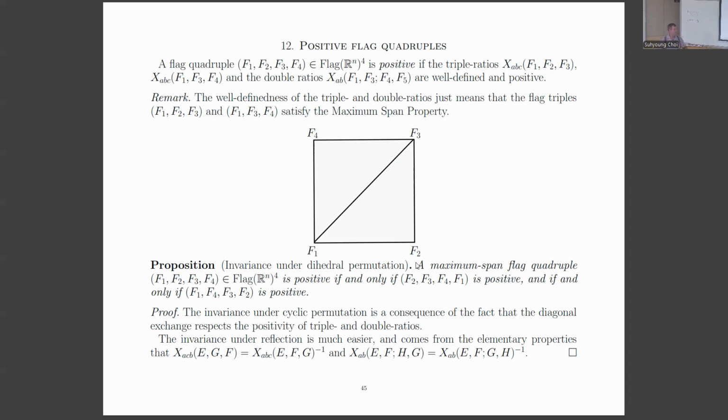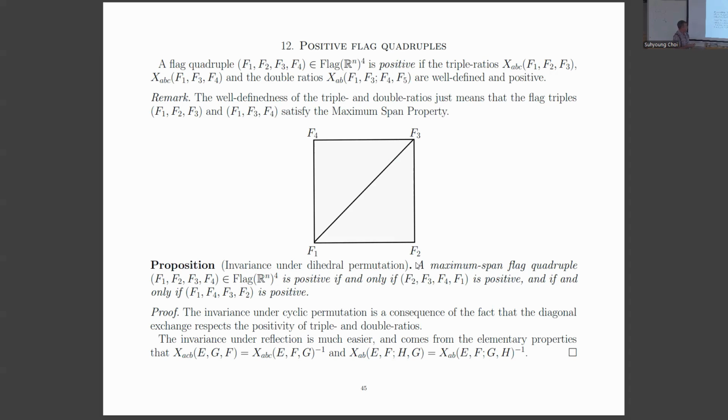It's due to what happens if you flip the square. What you're doing is replacing this triangle here by this one, but with the orientation reversed. And if you reverse the orientation of a flag triple, if you look at the formula, you see right away that you're just taking the inverse. So in particular, if this one was positive, this one will be positive.